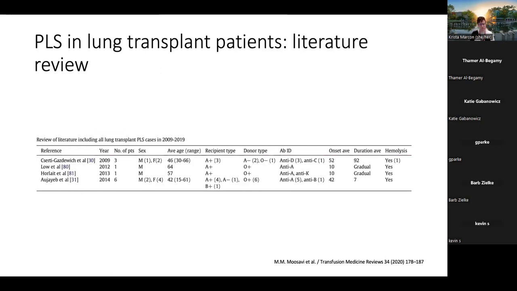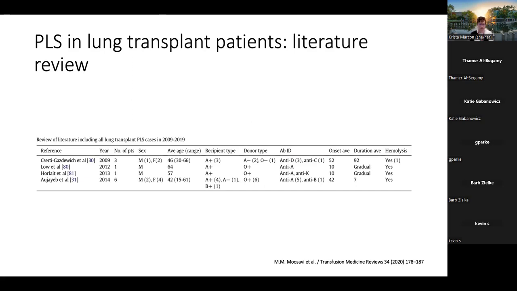So also in lung transplant, a literature review from 2009 to 2019, including 4 studies with a total of 11 patients in one study, showed that the ABO antibody was the most common with 67%, followed by D. One study looked back at 92 lung transplants performed at a single institution over 30 months.